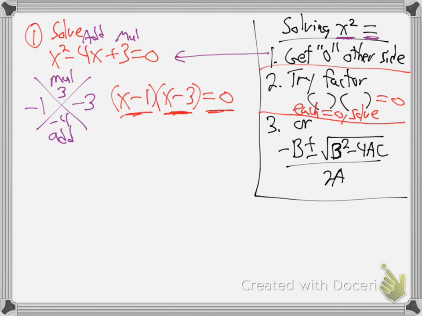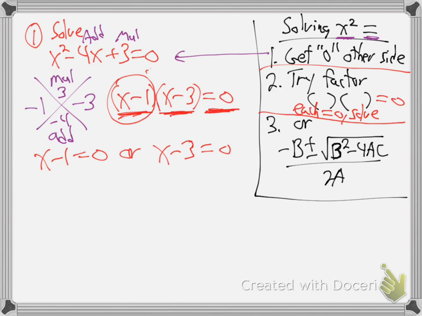If I told you, hey, I'm timesing two things and it's equaling 0, well, that means the first one could be 0 because 0 times anything is 0. Or the second one could be 0 because anything times 0 is 0.